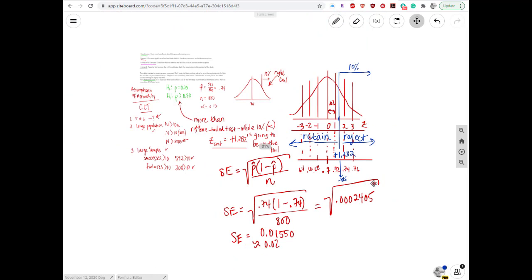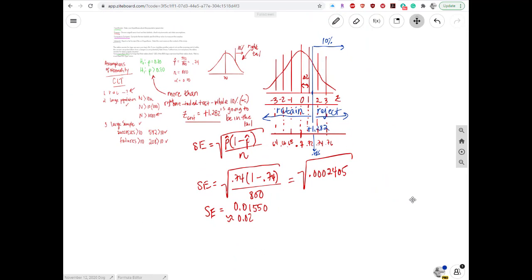All right, let's see what we're going to do here. We are now finished with the prepare step. So we're going to go ahead and move to compute and compare. Now we figure out what our Z obtained is and what our probability is of getting that Z obtained, and compare it to our alpha and to our ZCrit.